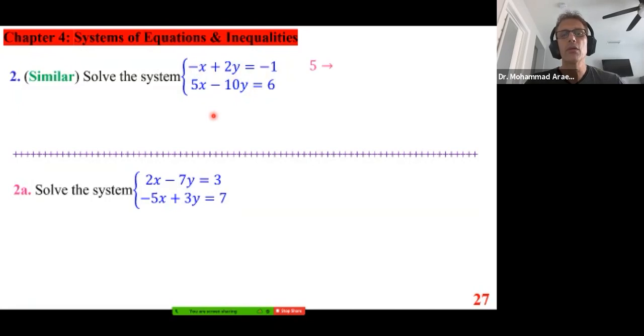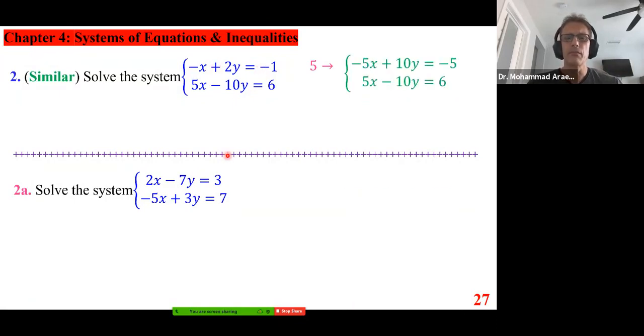So if we multiply this by 5, the second equation doesn't change, but the first equation changes to what? Minus 5x plus 10y equals negative 5. Notice, when that happens, if we add them up, minus 5x and 5x cancel each other. In this case, it so happened that the y terms also cancel each other.